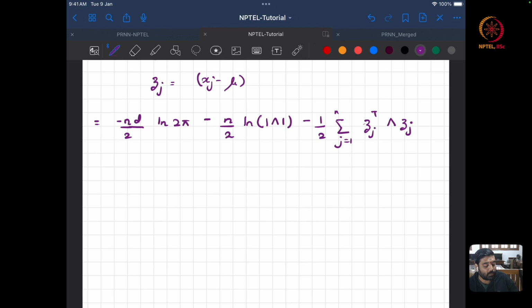Okay, there is no change in terms of the notations.